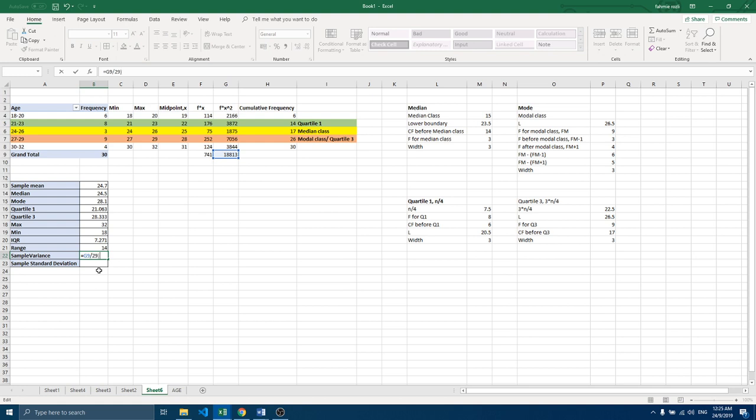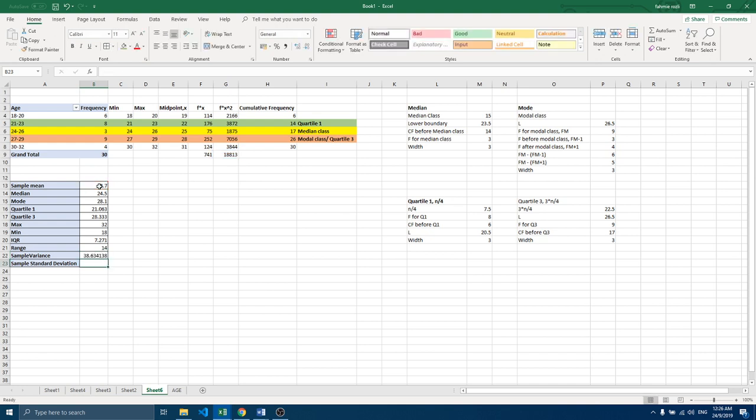And then it's minus the mean square, which is your mean, this one, power of 2. Press shift, number 6, shift cap, square, and enter.